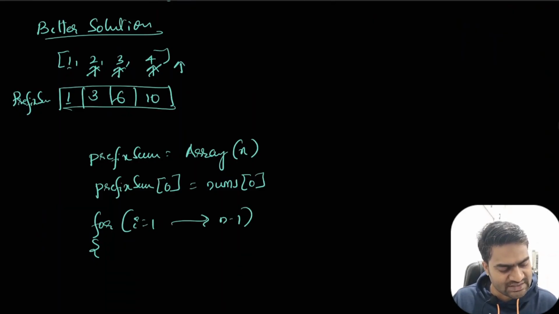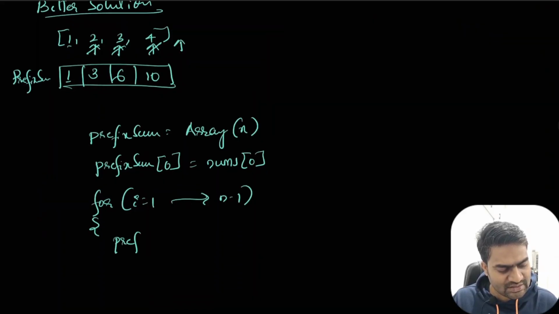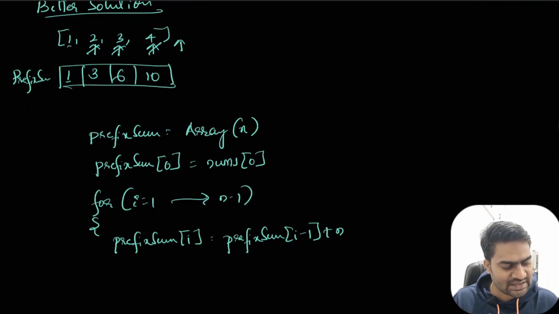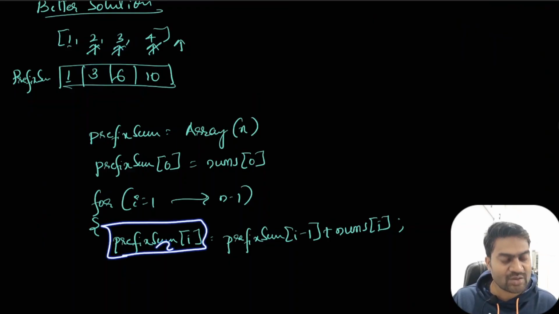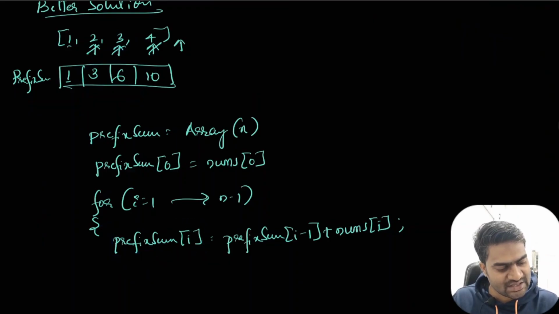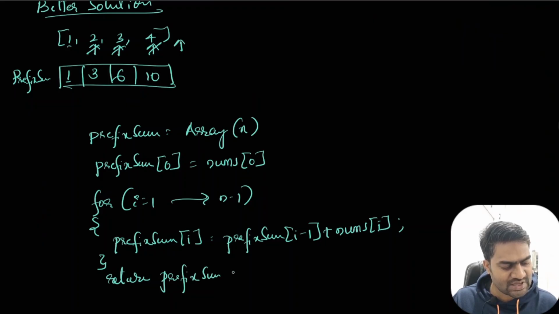I will simply say prefix sum of i equals prefix sum of i minus 1 plus nums of i. So we considered the prefix sum and that particular number, added both of them, and placed that in prefix sum of i. With that, I will close this and simply return the prefix sum array.